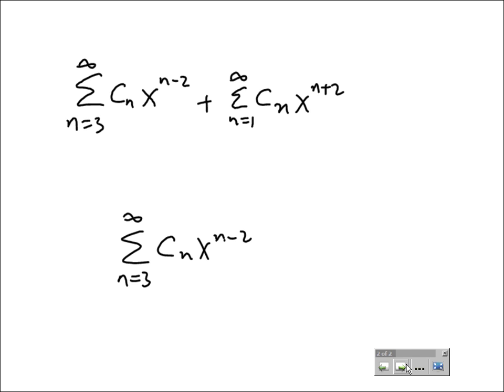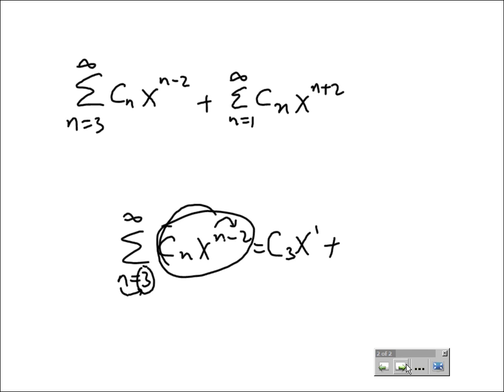Well, it's sigma, so we're going to be adding that to itself many, many times. But that's going to change as n changes. First, n starts with that number. So this piece becomes c sub 3 x to the 1, because n is 3, 3 take away 2 is 1, plus. So first n is 3, and then 4, and then 5, etc.